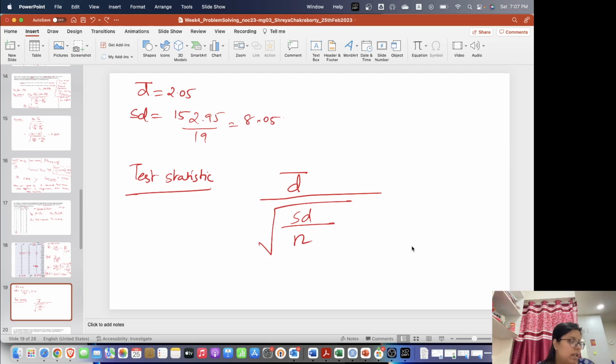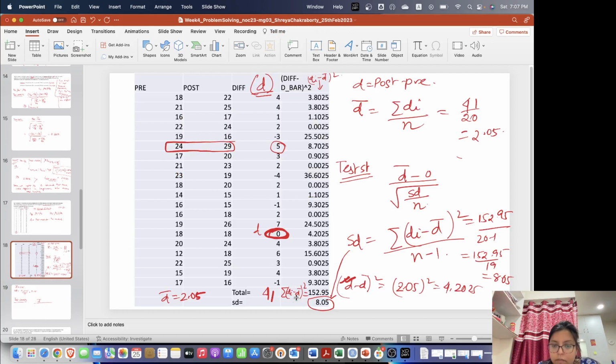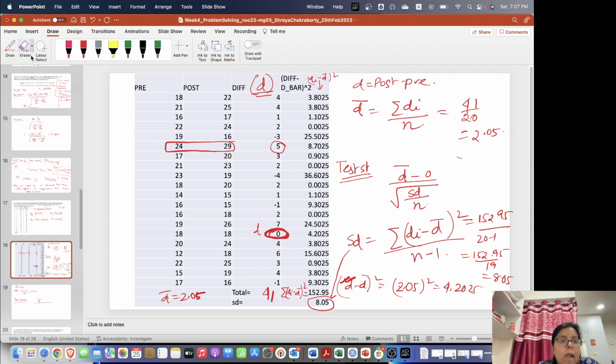So this is SD square. So the test statistic is d bar by SD by root n.